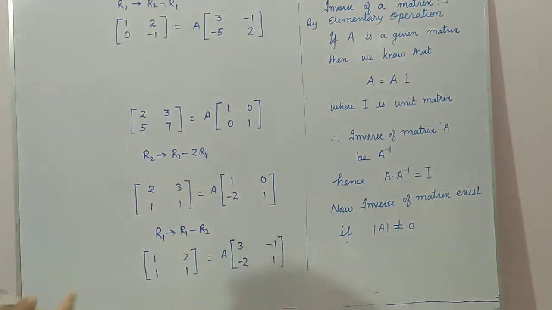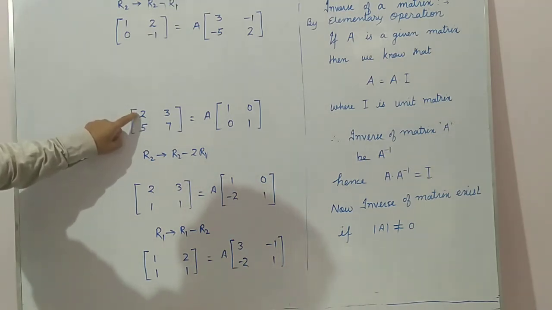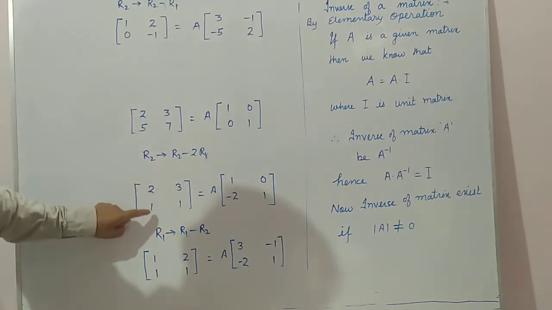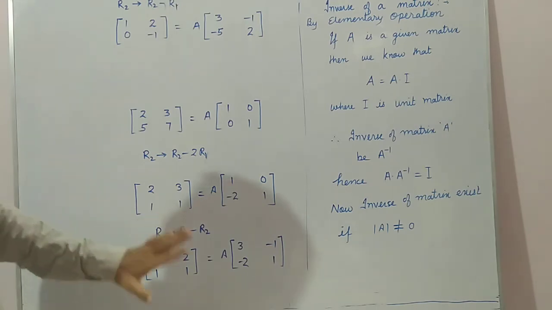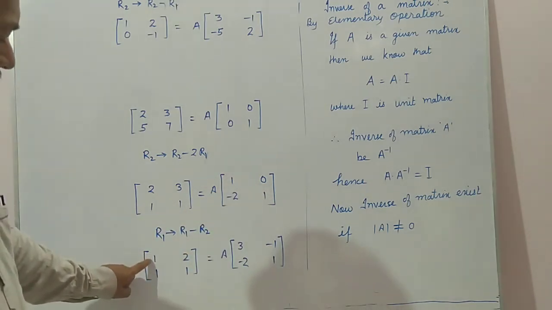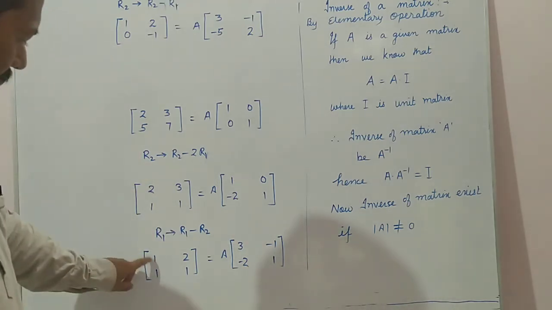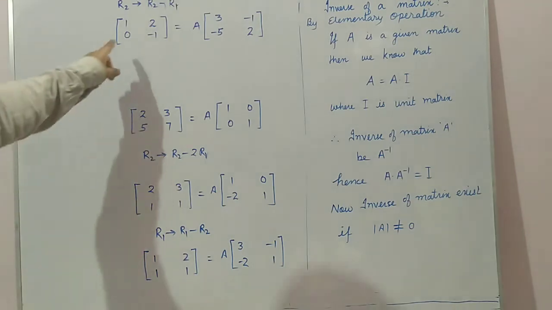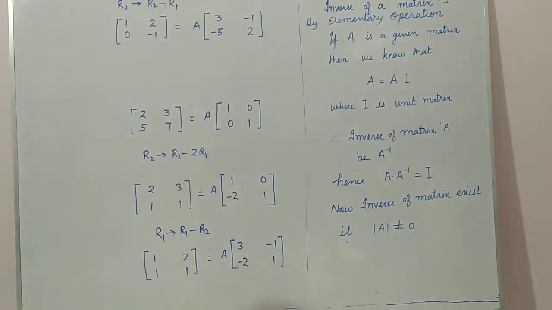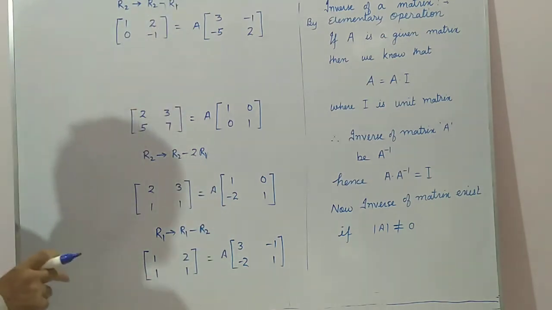After that, first of all, we have reduced the numbers. After that, our first aim will be to bring here 1. So how we are bringing here 1 is 2 minus 1, that is 1. You got 1. After getting 1 here, second objective will be to bring here 0. So 1 minus 1, that is 0. 0 you are getting. After getting 0 here, you will bring 0 at this position.